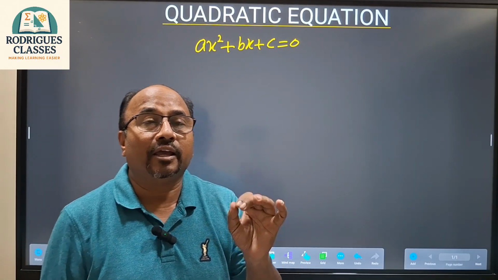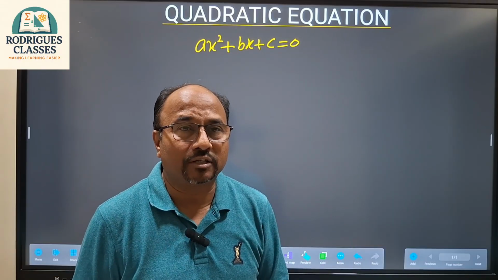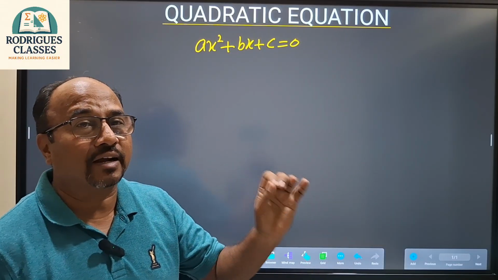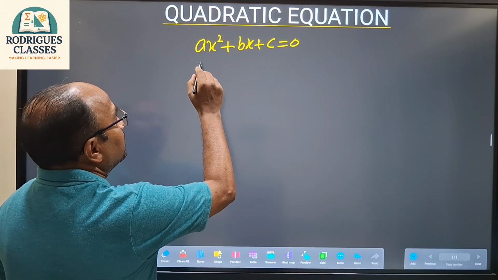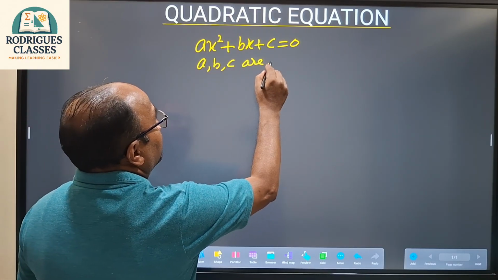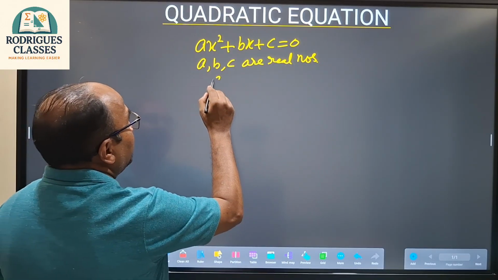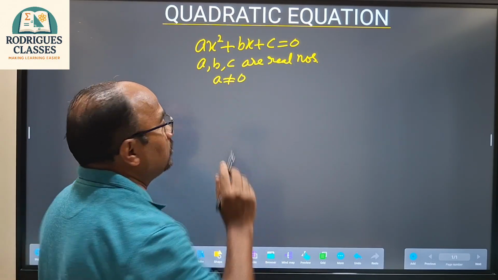So any equation of degree 2 is called a quadratic equation if it satisfies the condition which I am mentioning here, that is a, b and c should be real numbers, and a should never be equal to 0.